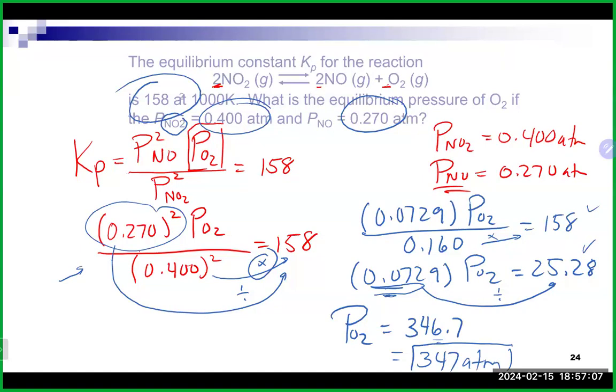So since this is technically on the bottom, you're dividing by it on the left. So to get rid of it to the right, you need to multiply, do the opposite. These two are technically multiplying. So to get rid of this, you have to do the opposite and divide it to the other side. And so that's what we're doing. So that was just the order of the math in that step too.